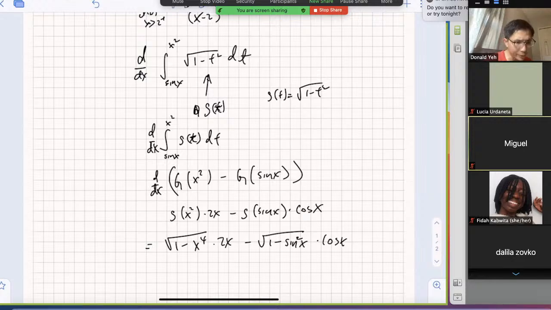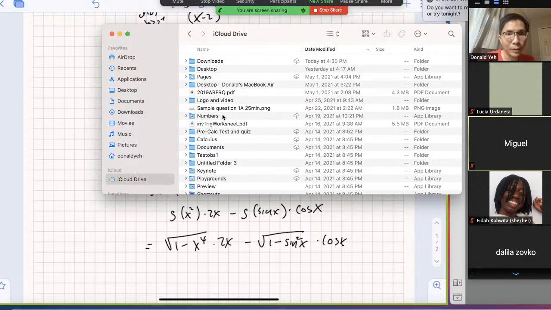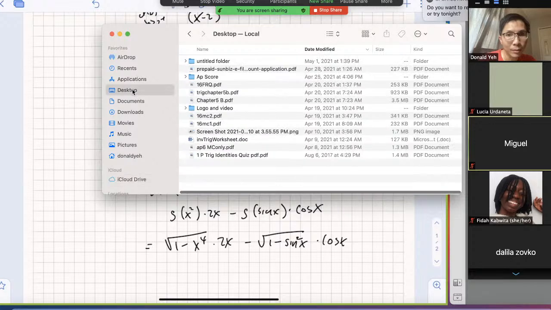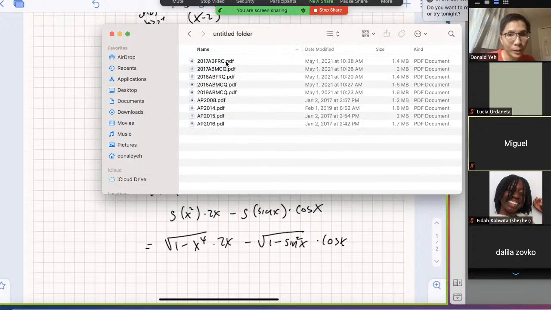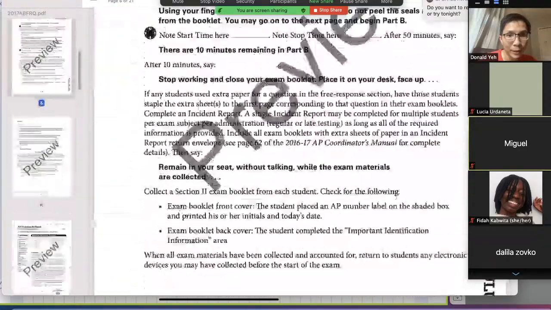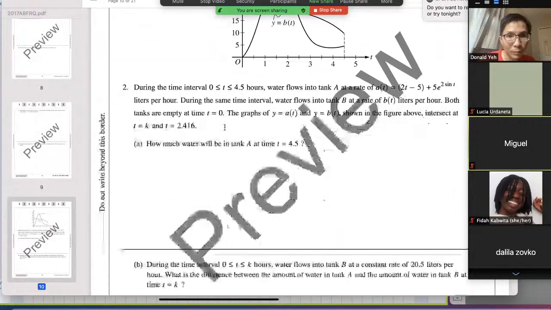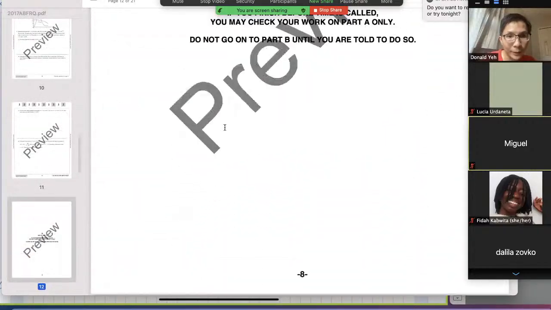So what we're gonna do is maybe we can come up with an example question. We're gonna see if the 2017 FRQ has a question like this, and maybe you guys can practice. Let me see if I can find it.